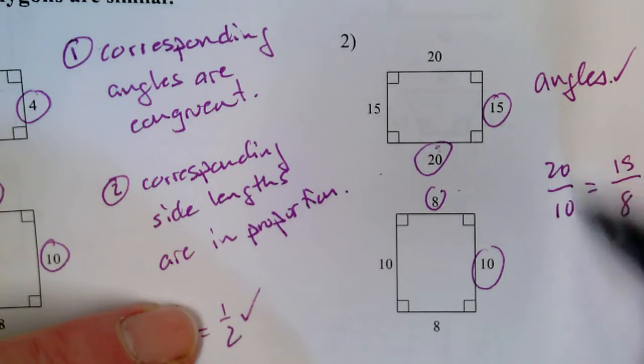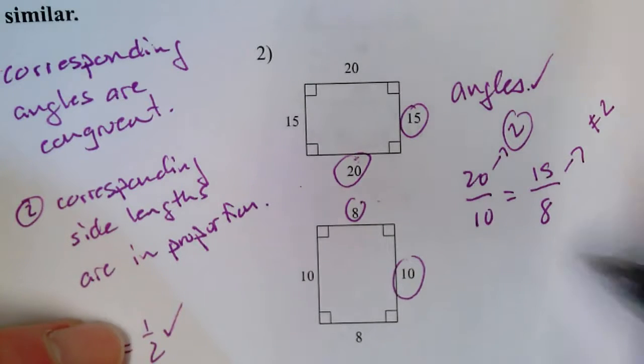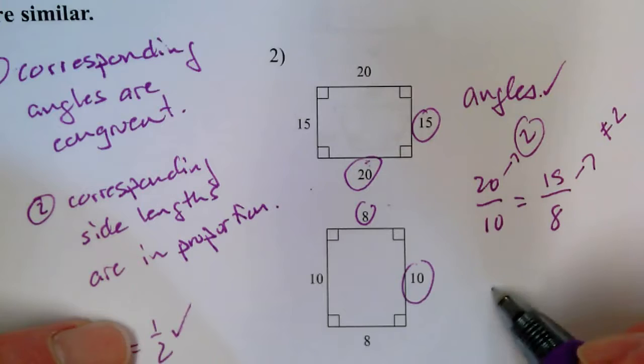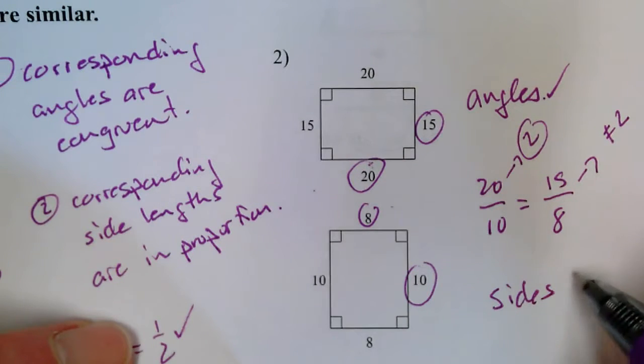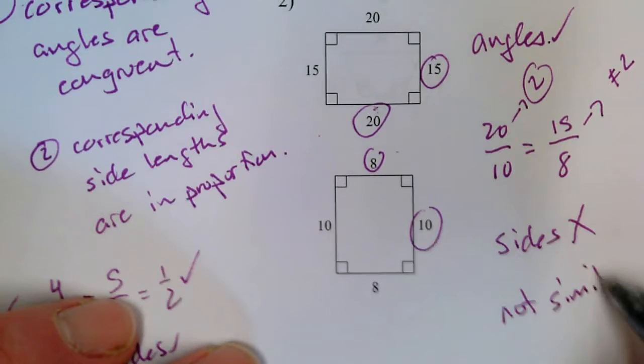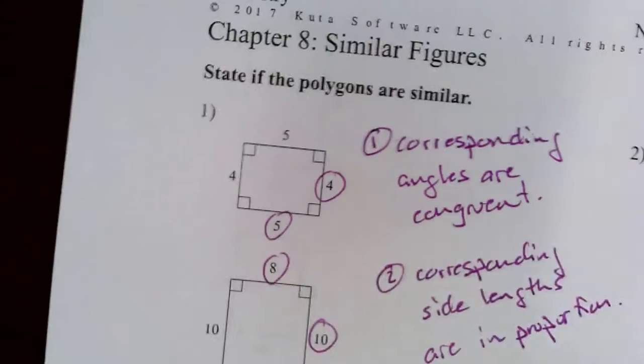But 20 to 10 is 2, and 15 divided by 8 is not 2. 16 over 8 would be 2. So the sides are not in proportion, so no, not similar.